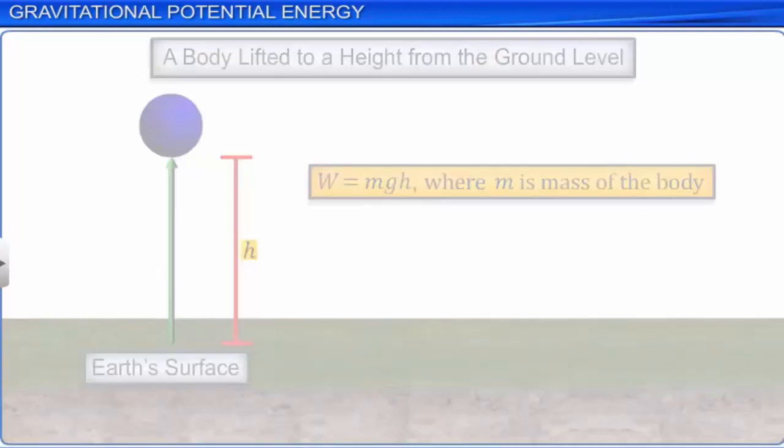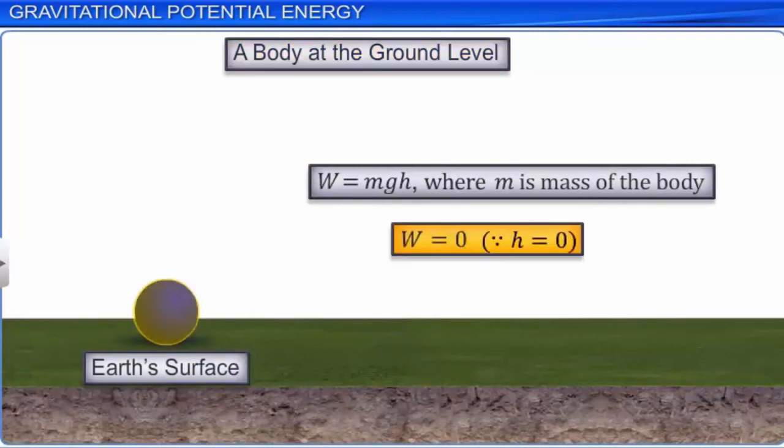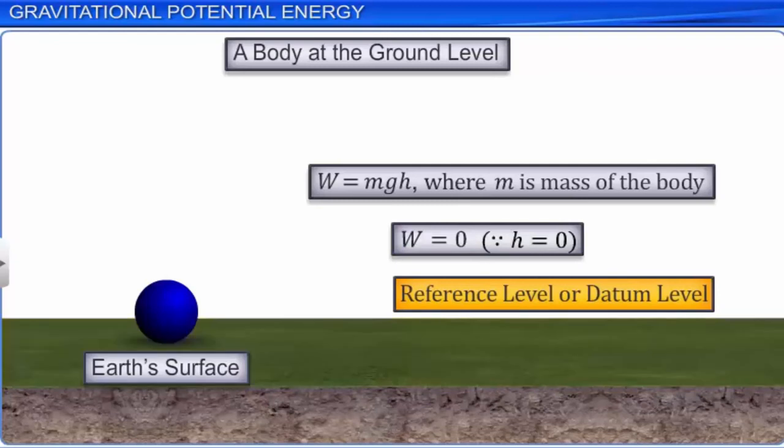When a body is at ground level, the work done on the body is 0, as its height is 0. Thus, the ground is taken as the reference level or the datum level. The work done on the body while lifting is stored in it in the form of gravitational potential energy.